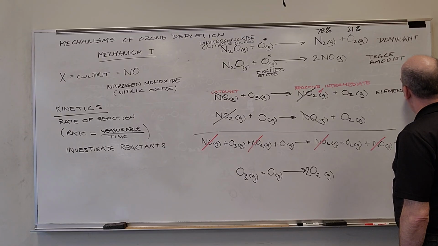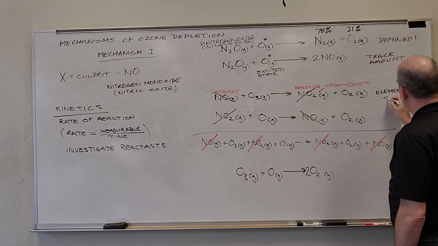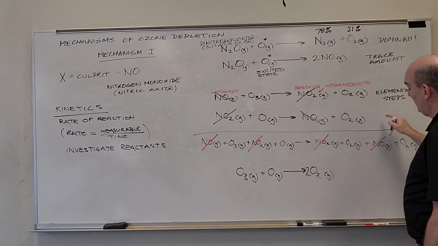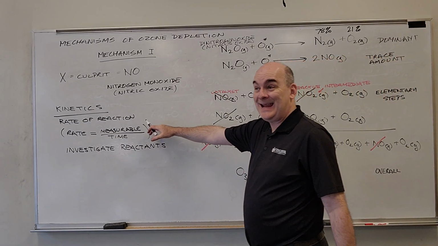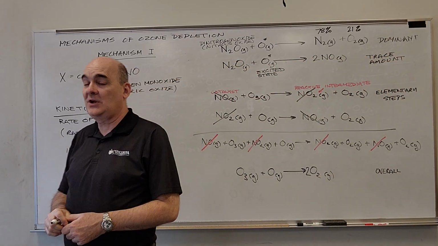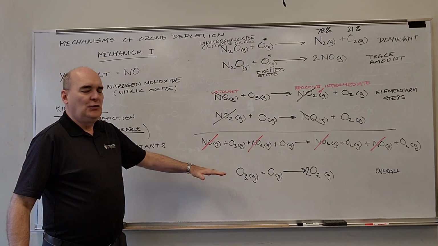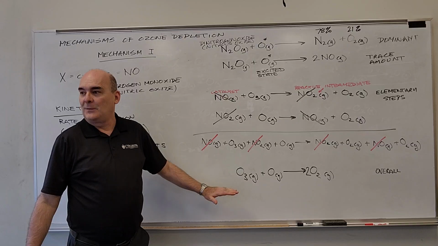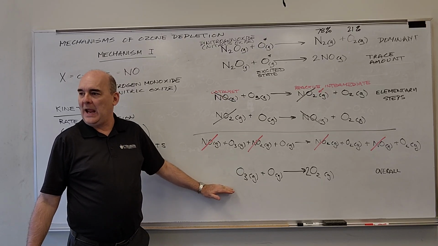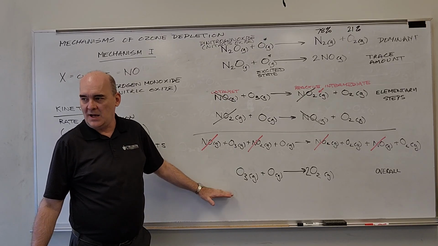These are elementary steps. Both of these. This is the overall. And one of the things that happens in the study of kinetics, how fast a reaction is going or not, is you can learn absolutely nothing from looking at the overall reaction. You can tell nothing.